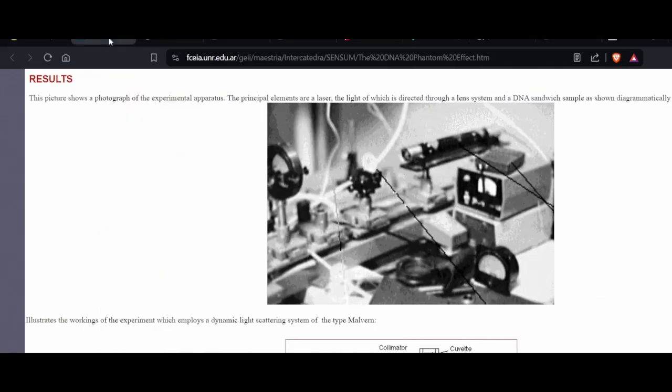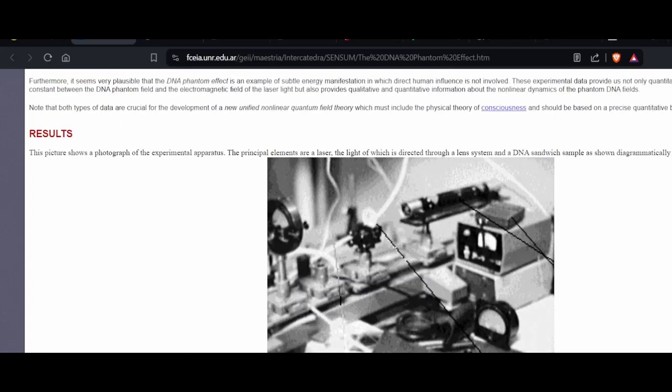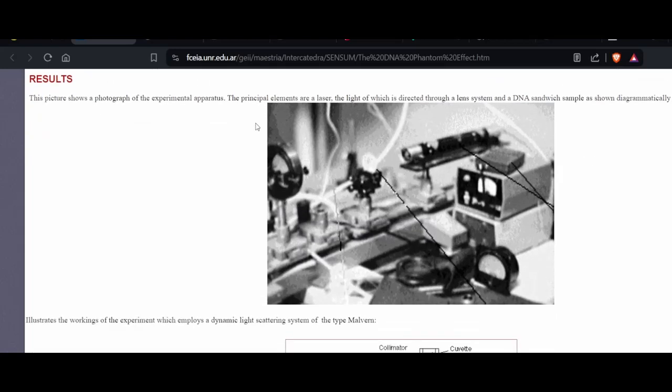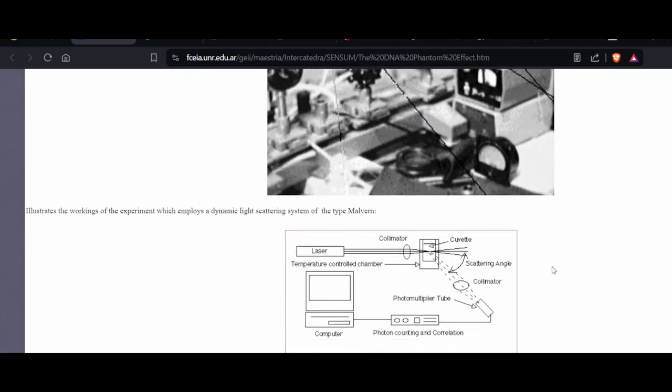On this website here, I can link all these in the show notes because they're kind of long websites. This is a picture of their setup. The black and white photo, if you're watching, I can't really tell much of what they're doing, but below it is a diagram. They have a laser that goes through a collimator, which just makes sure that the light is a column, that it's not scattering.